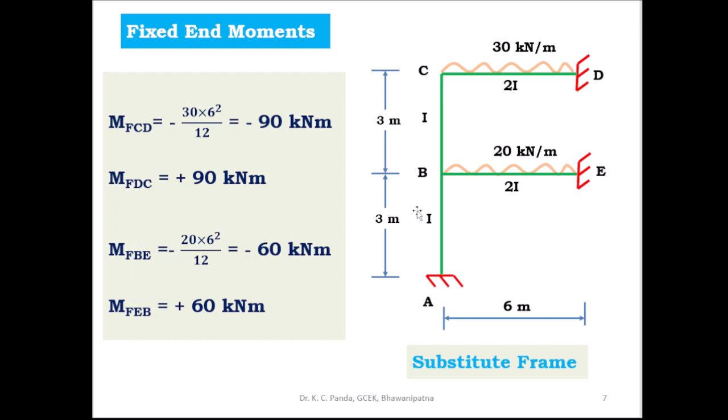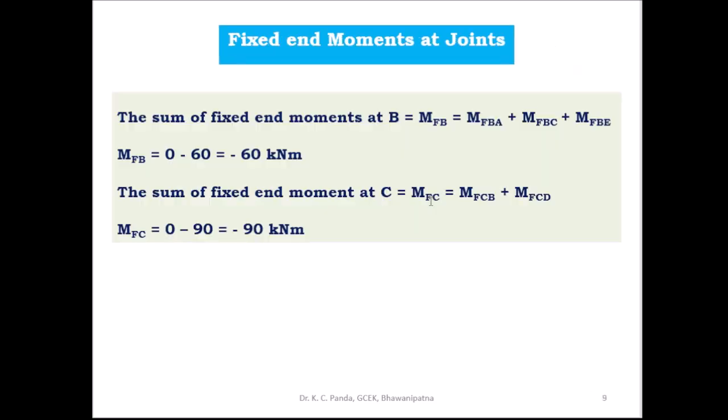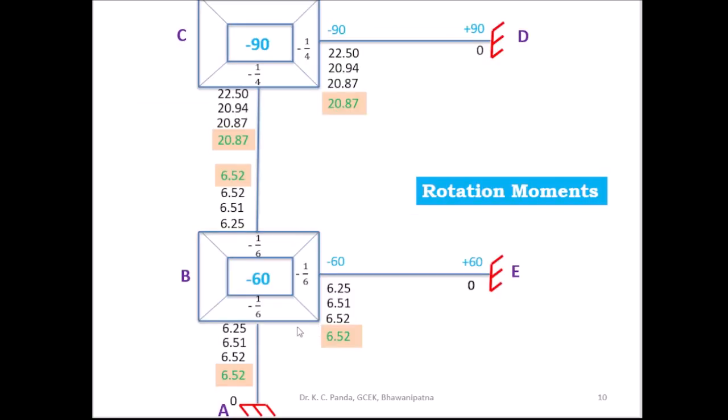Here at C also make one large rectangle and inside one small rectangle. What is the fixed end moment of joint B? Write it in the inner, smaller rectangle. And what is the fixed end moment of joint C? Write it in the inner, smaller rectangle. Here the fixed end moment of joint B is minus 60 and of joint C is minus 90.